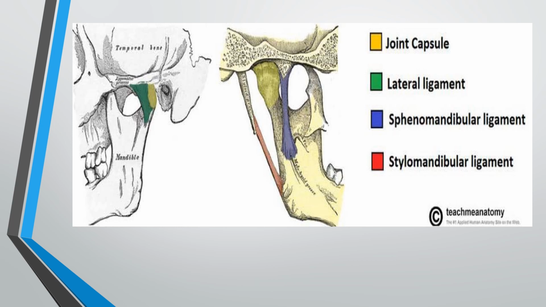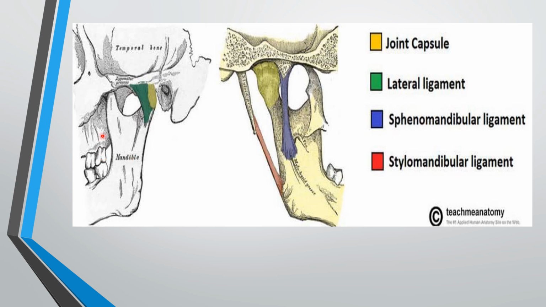You can appreciate here the temporomandibular joint, and the mandible. You can appreciate the joint capsule, and it is colored. The lateral ligament, sphenomandibular ligament, and stylomandibular ligament each have a color. Alright.